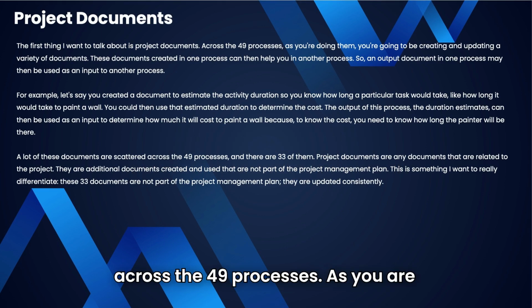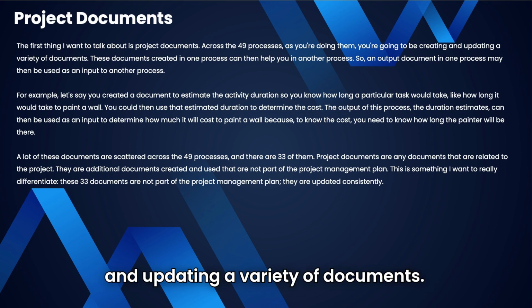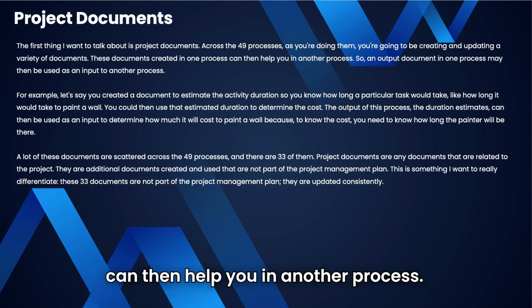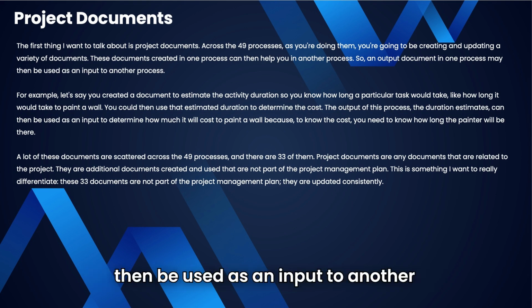Across the 49 processes, as you are doing them, you are going to be creating and updating a variety of documents. These documents created in one process can then help you in another process. So an output document in one process may then be used as an input to another process.